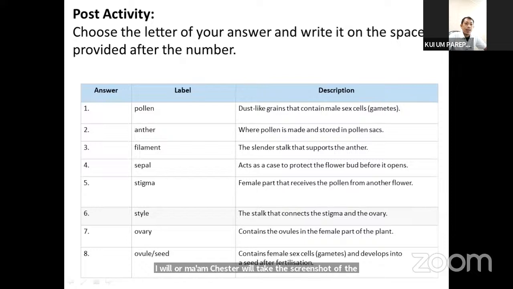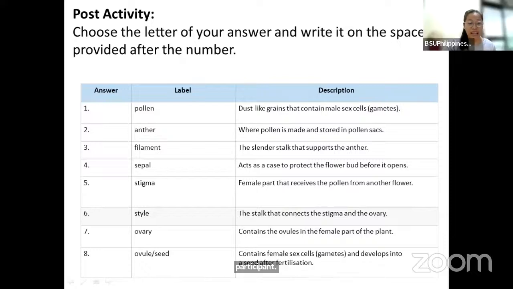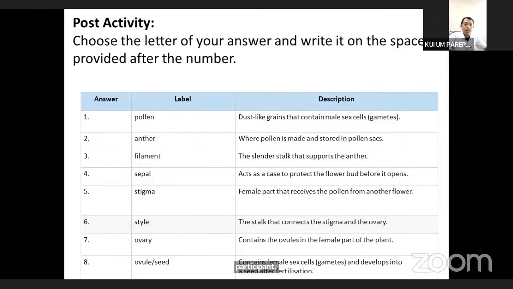Ma'am Evelyn, you can take down your slides. Ma'am, you can share your material later, after sending it to Ma'am Siana.